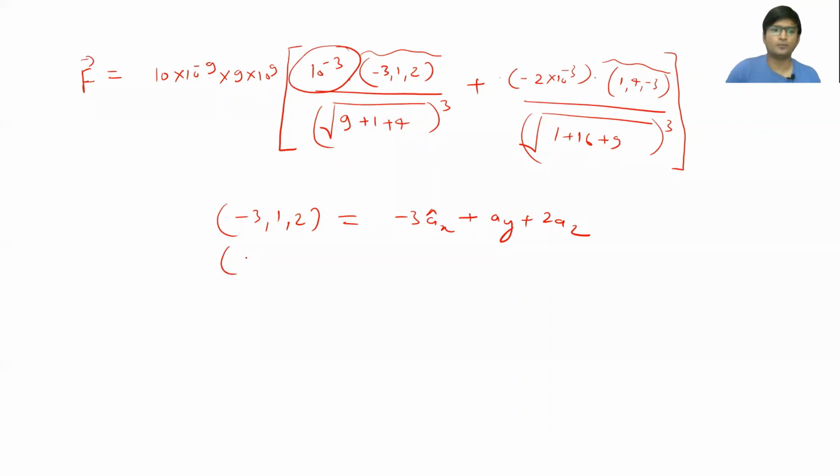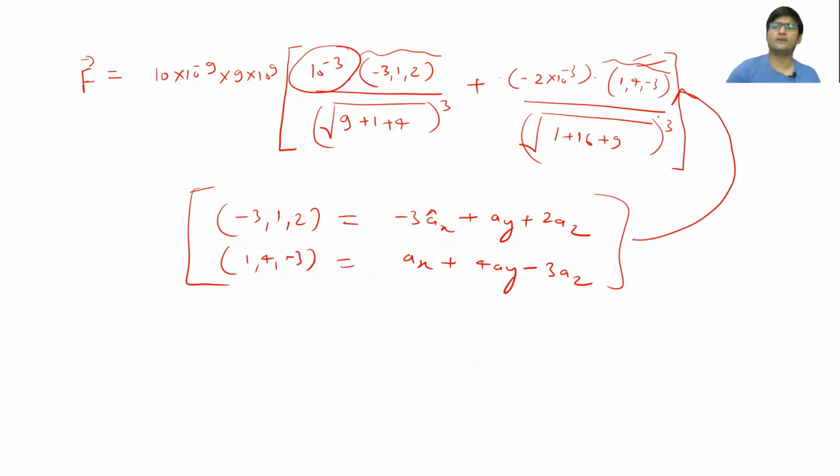Similarly, we can write this point 1, 4, minus 3 as ax plus 4 ay minus 3 az. So we can write these values in place of these values represented as points.